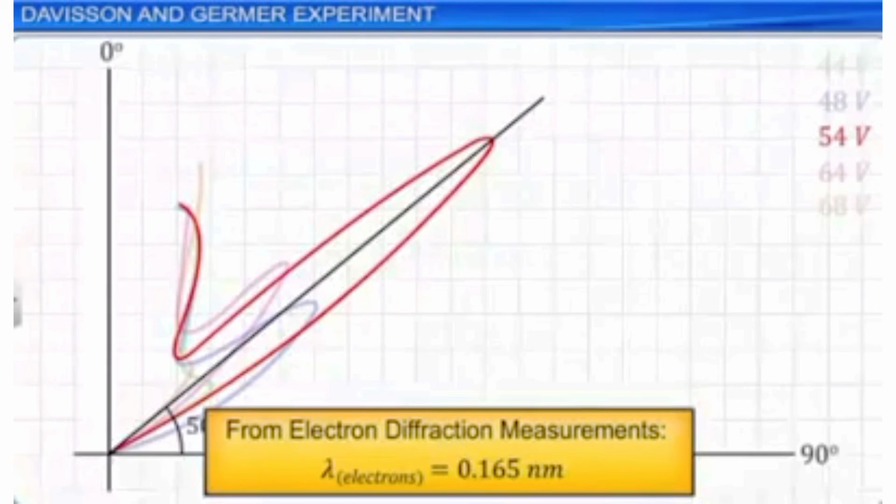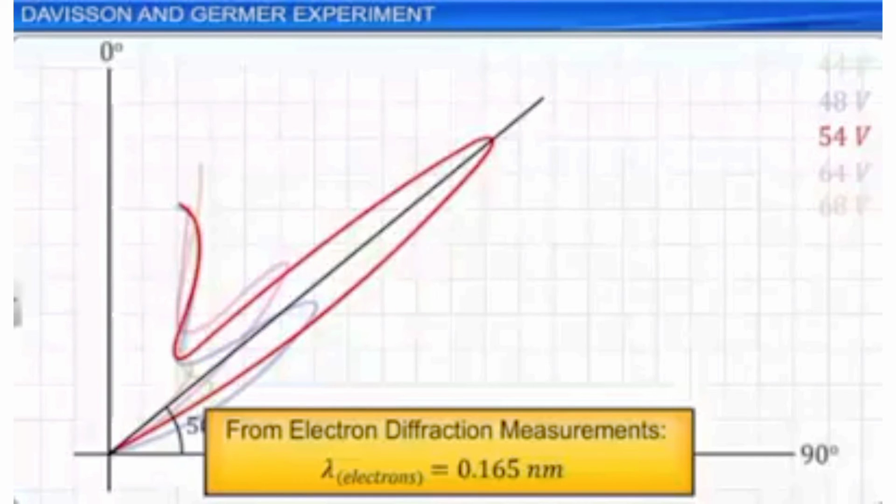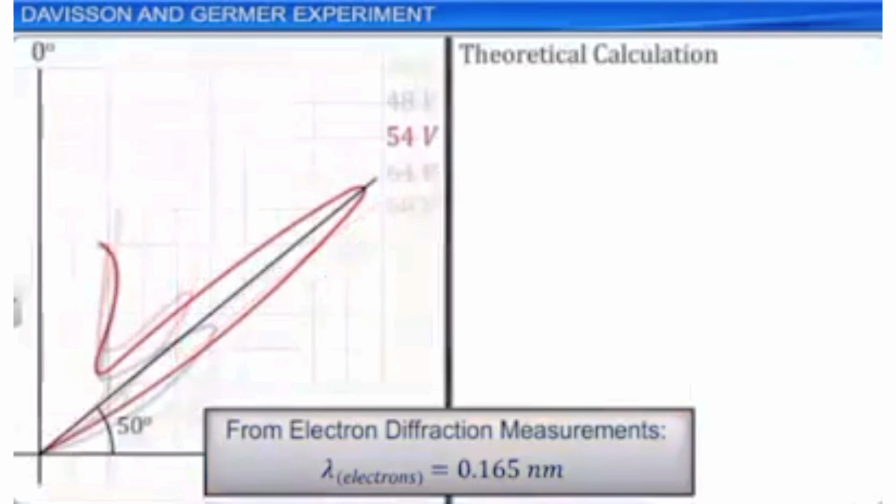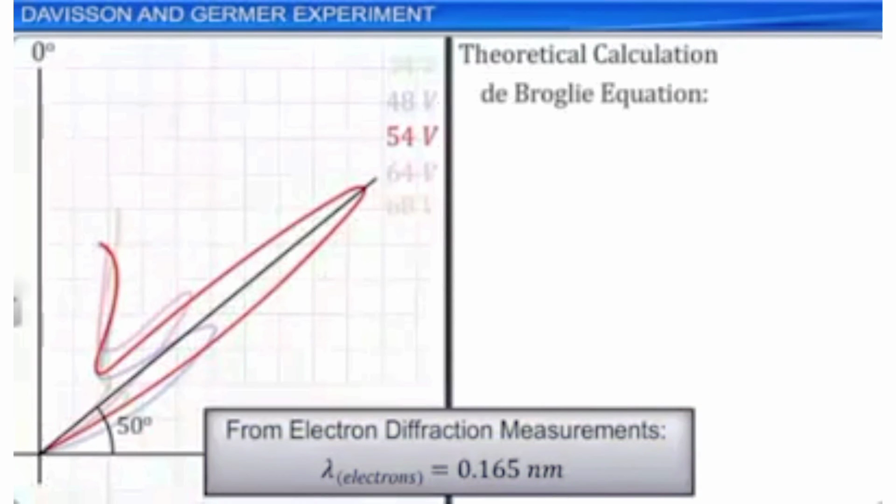We know that the de Broglie wavelength of an electron, denoted by lambda, is equal to h by p, where h is the Planck's constant and p is the momentum of the electron.